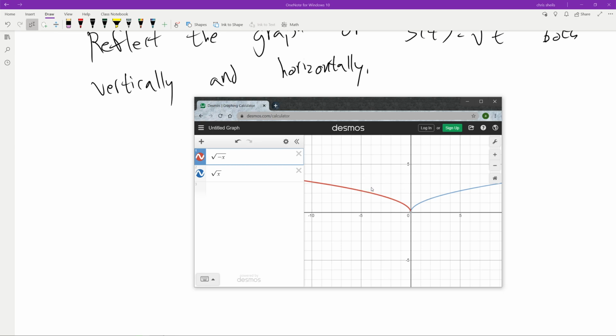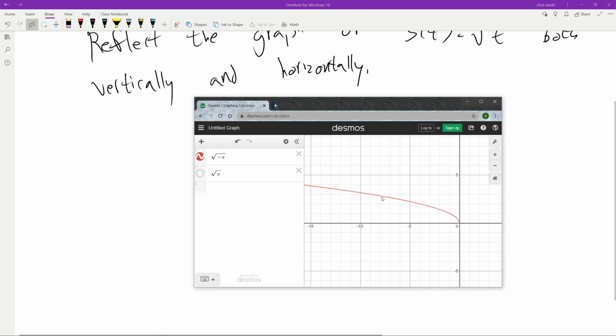So my output values remain unchanged because I have a double negative under the square root for all of these numbers. My output values remain unchanged. It's simply my input values that have been changed, and that's why this negative sign is under the radical. My domain here for this red graph is -infinity until 0. I'd have a bracket with that 0.